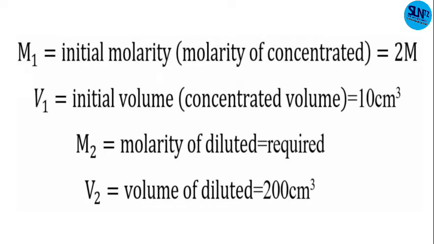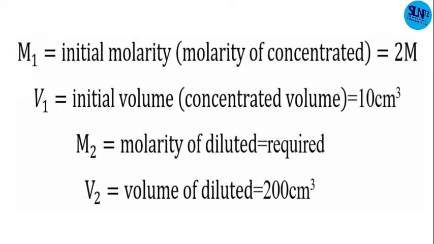Molarity of concentrated is 2 molar. Initial volume, or concentrated volume that has been diluted, is 10 mL, and the molarity of diluted is required. You are supposed to calculate that one.